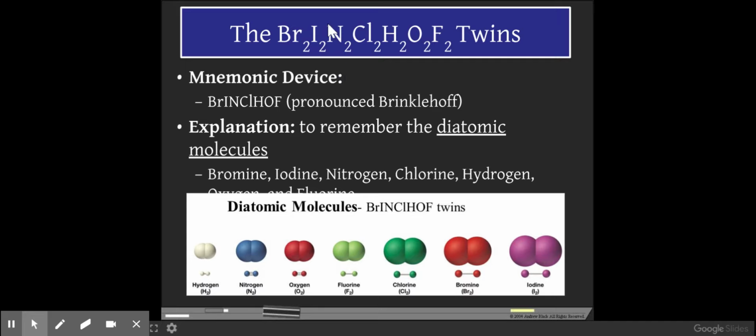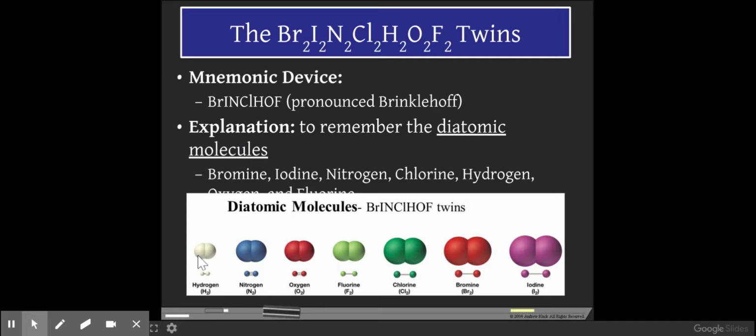And similarly, you'll never see nitrogen not bonded to itself. It's always going to be nitrogen bonded to another nitrogen atom. So these are the Brinkelhoff twins. And they're diatomic molecules because there are 2, di meaning 2, atoms bonded together in a molecule.